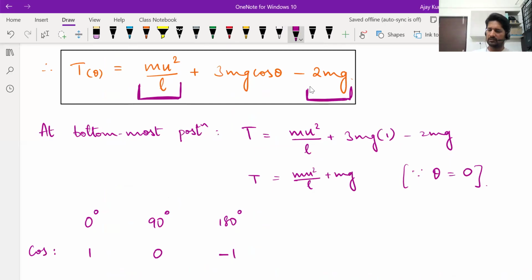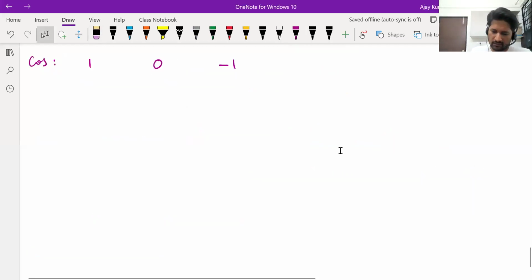So these two are fixed. This is the variable term. In that part also, cos theta is the variable term. At the bottommost position, cos theta is highest, so tension is highest. As the bob swings away from the bottommost position, theta increases, cos theta decreases, tension decreases. So keep this point in mind. I'll mention it here.